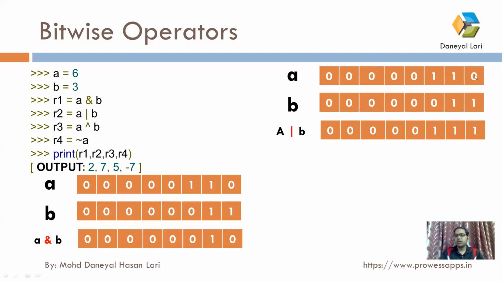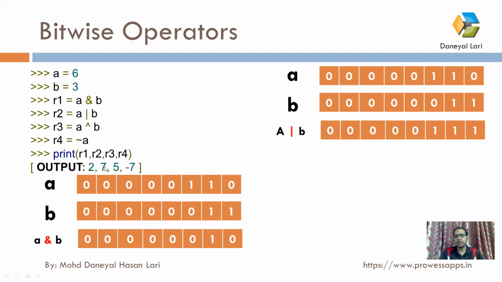So here 0, 1: one is 0 and the second one is 1, so the answer is 1. 1, 1 is 1. 1, 0 is 1. 0, 0 will be 0. So in the case of the OR operation between A and B, you can see that the bit pattern after the operation will be this one.